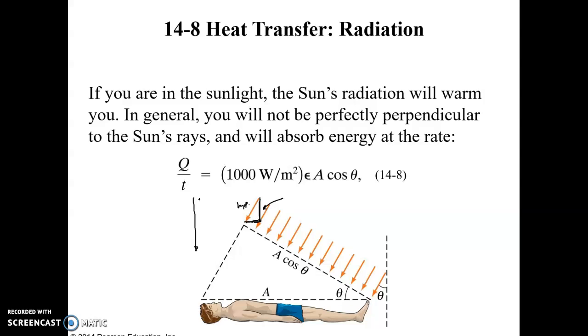So in this case, our heat flow over time, Q over t, is going to equal 1,000 watts per meter squared times the emissivity of the surface times the area of the surface times cosine of theta. This equation is specifically for the sun's rays. It's not a general equation for any type of radiation. It's specific to the sun.